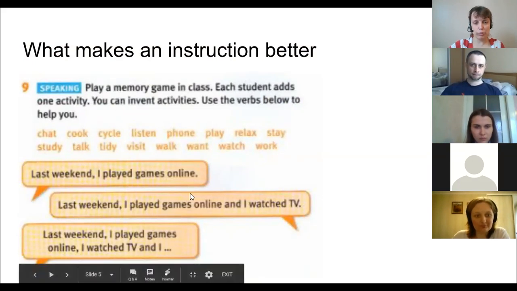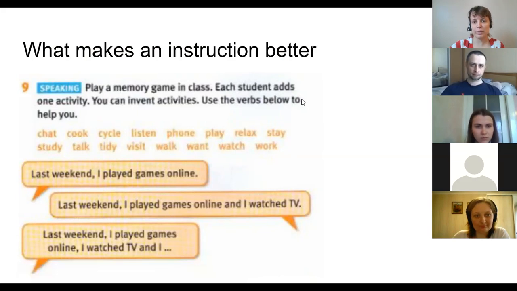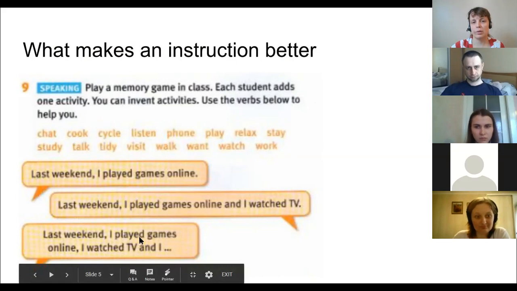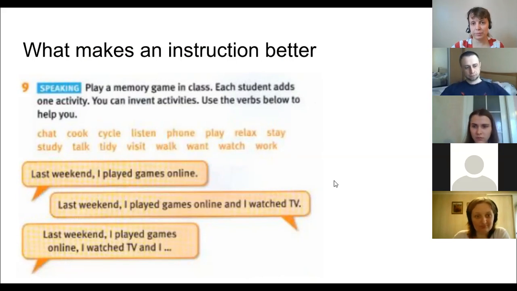And also, look here, imagine that you are an elementary student who read this instruction, got confused, but then you have these bubbles. How do they help you? The bubbles are really helpful. So demonstration makes any instruction good. Clear. Better, yeah, clear. Okay, great.